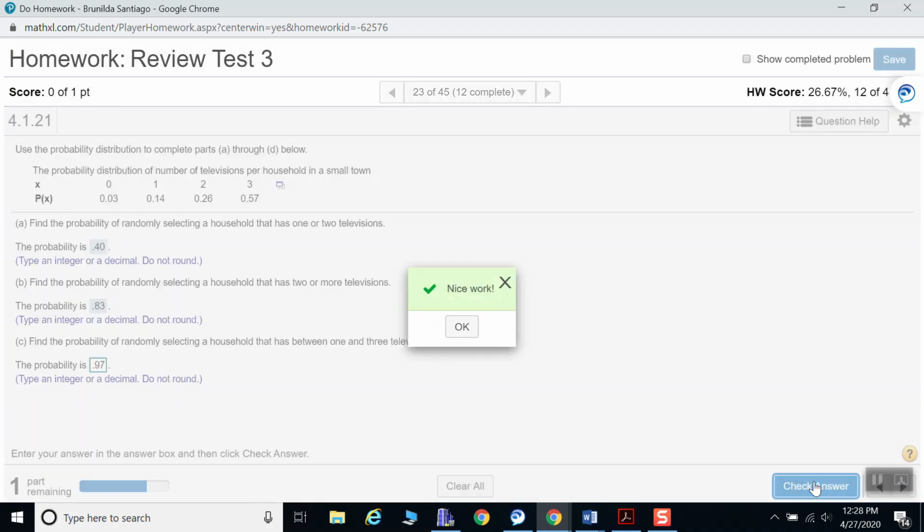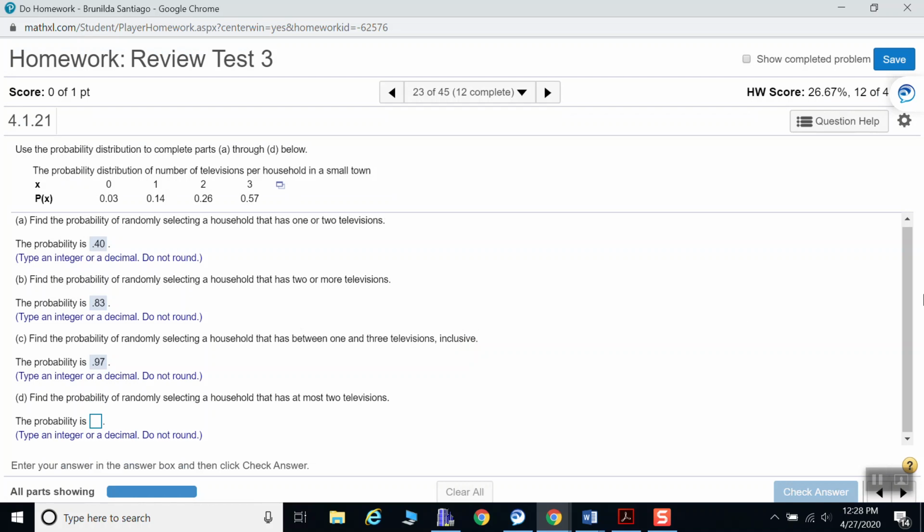So we have one more part in this question 23. Find the probability of randomly selecting a household that has at most 2 televisions. That means they don't have any more than 2. They either have 2, 1, or no televisions. So at most 2 again means 2, 1, or 0.